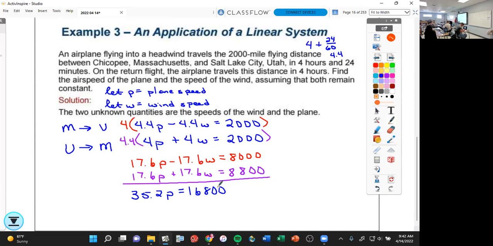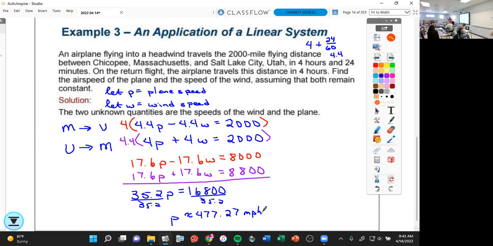Divide both sides by 35.2. P is approximately equal to 477.27 miles per hour.